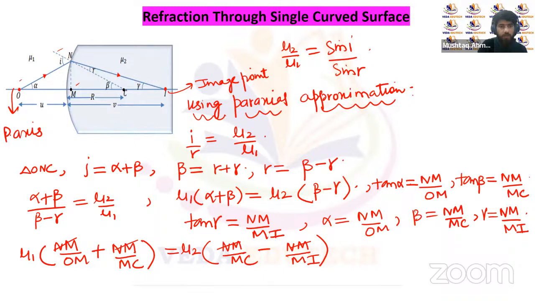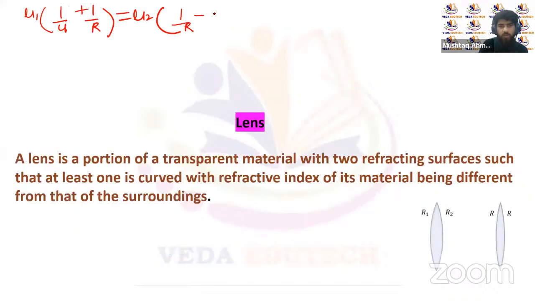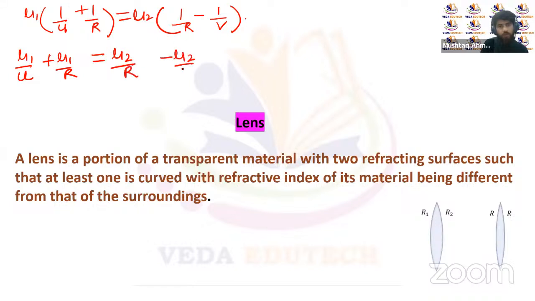MI is the image distance, that's equal to v here. So it will be minus 1 upon v. Now what we'll do is rearrange them to get the refraction formula. So it will be mu1 upon u plus mu1 upon r, that will be equal to mu2 upon r minus mu2 upon v.